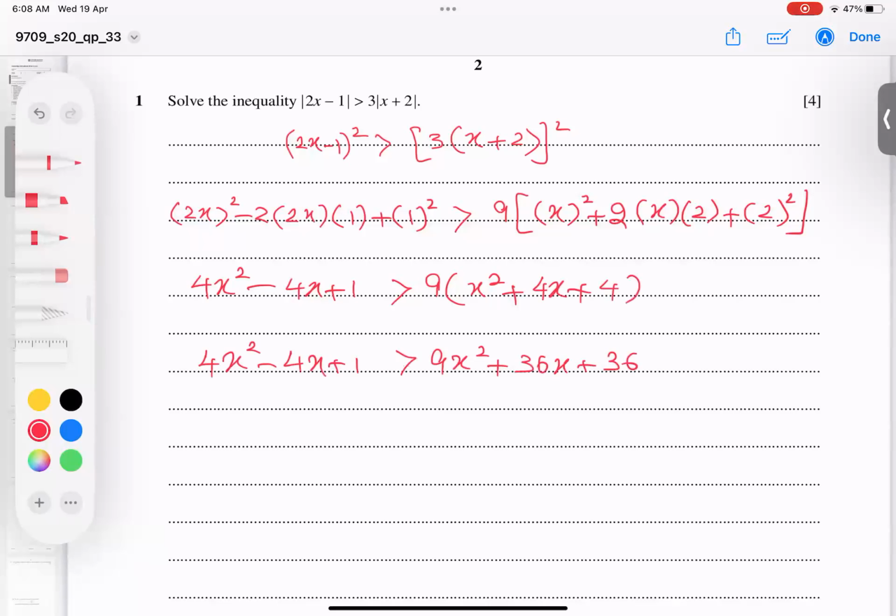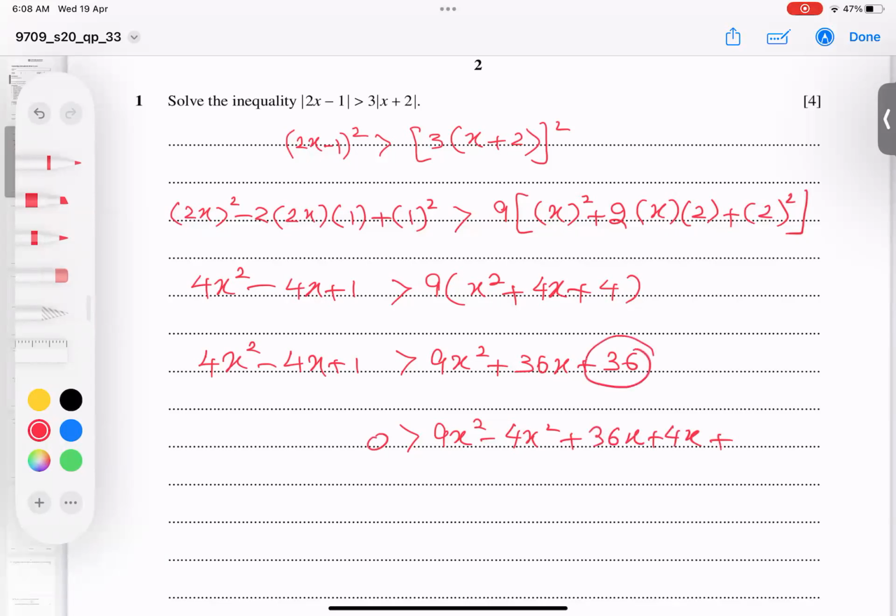Now what is the technique? The 4 will go there and subtract. It means out of 9, I subtract 4x squared. This will go there and add, so 36x plus 4x.